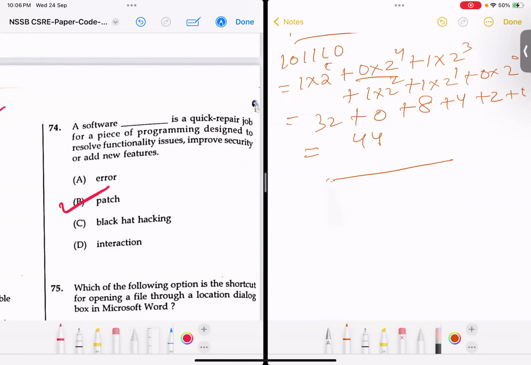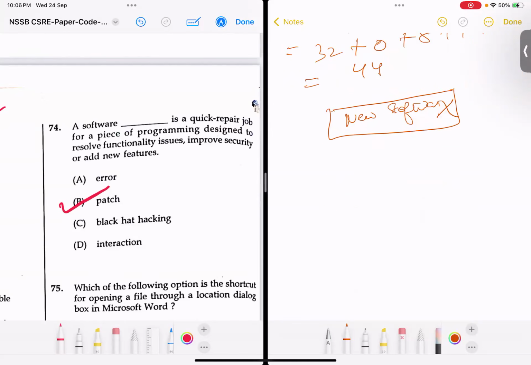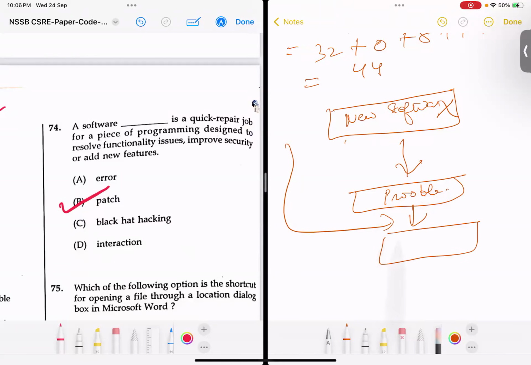Suppose a company has launched a new software, say it is X. Now the company realized that there is some error or problem in that new software. So what they will do is launch a patch to address this problem. That software is known as the patch.